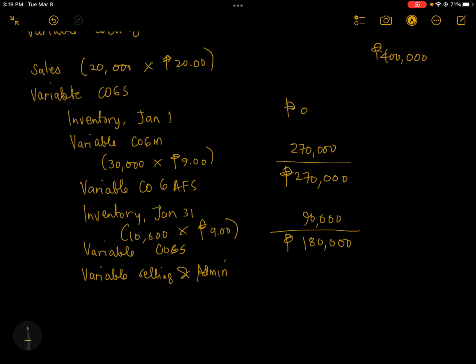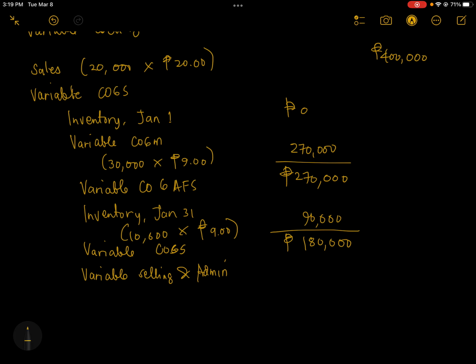The way we compute variable costing net income, we identify first the variable expenses, whether it's product or period cost, and then saka natin kuhanin yung fix, no? Pero hindi natin pinagsama yung variable cost of goods sold tsaka yung variable selling expense, because at the end of the day, they are of the different nature.